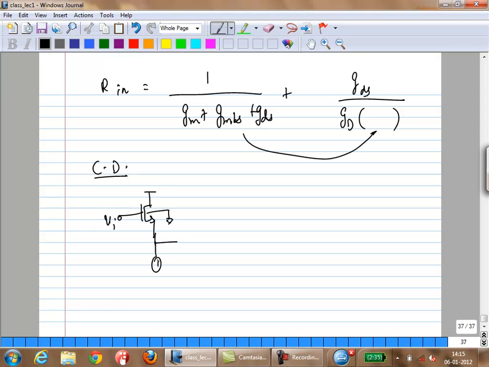So let's write it like this. Let's write it in a slightly different way. Let's say you have a very large capacitor at the source, decoupling the output from your actual source.